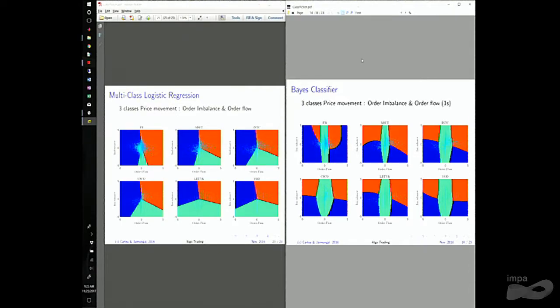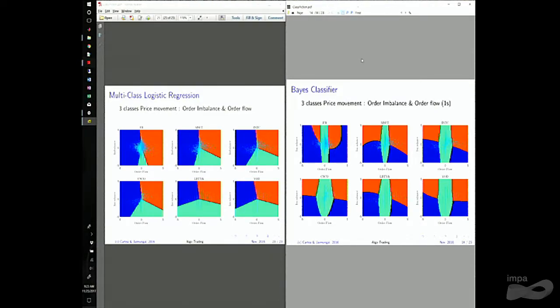Yeah, I would also prefer this, I think, because the problem is that the linear boundaries are really constraining you from being able to separate the space like that, for example. This makes a lot of sense: when you have no order flow, you get no price movements. And if you have positive order flow, you get positive price movements. But if imbalance is negative enough, it shifts it.